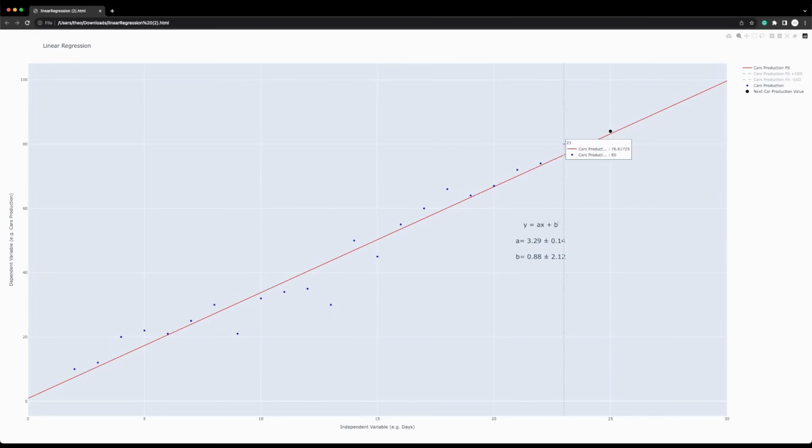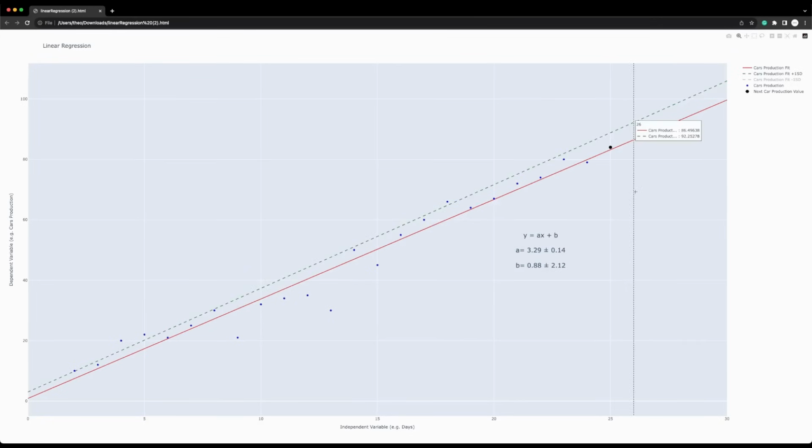If we want to create now a new line with only the plus symbol, the new equation is going to be y equals 3.29 plus 0.14, times x, plus 0.88 plus 2.12. This dotted green line, which is called car production fit plus one standard deviation, is the upper bound of our prediction.